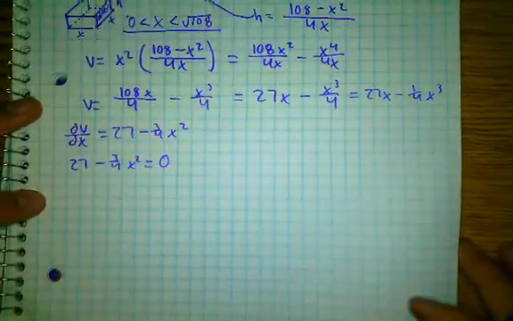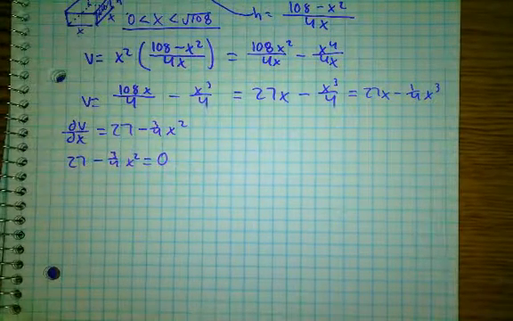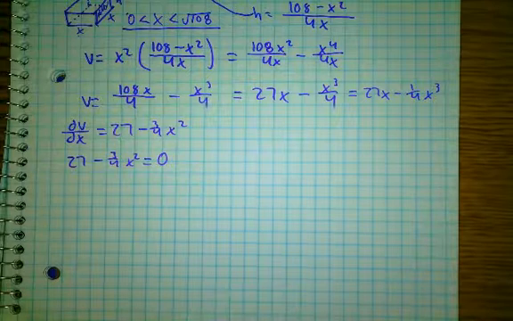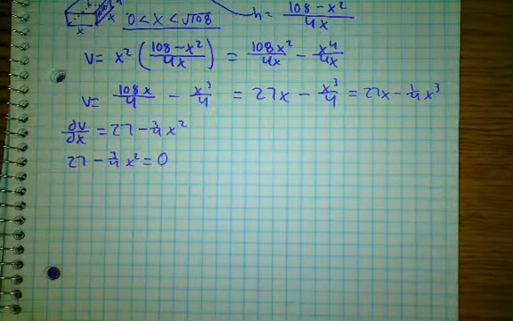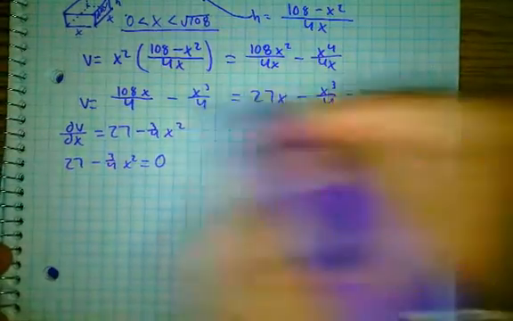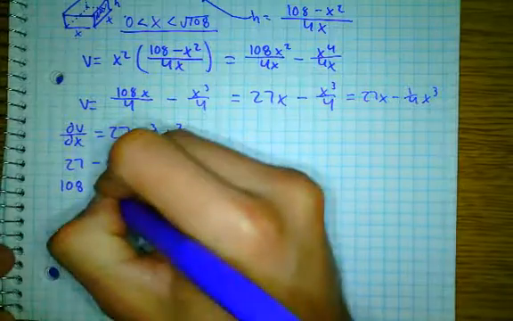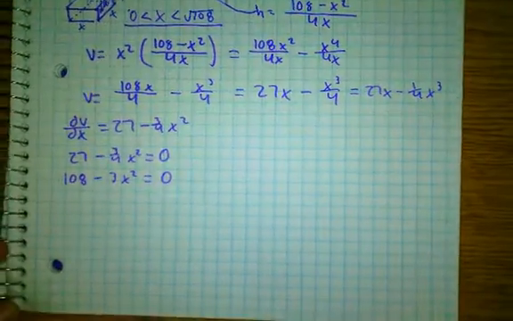So 4 times 27 is 108, minus 3x squared equals 0. Then we can say that 3x squared equals 108. Agreed? Which means that x squared equals 36.